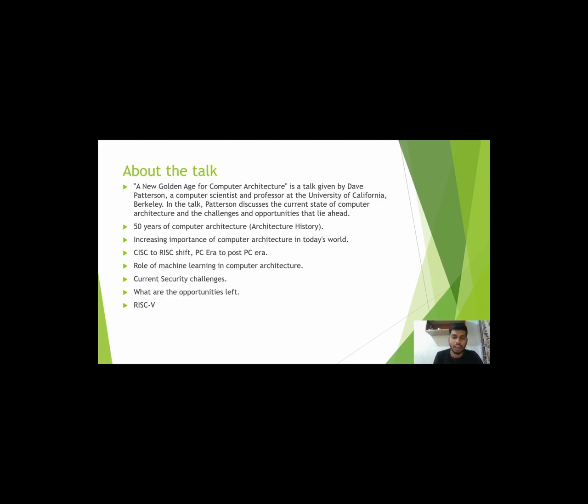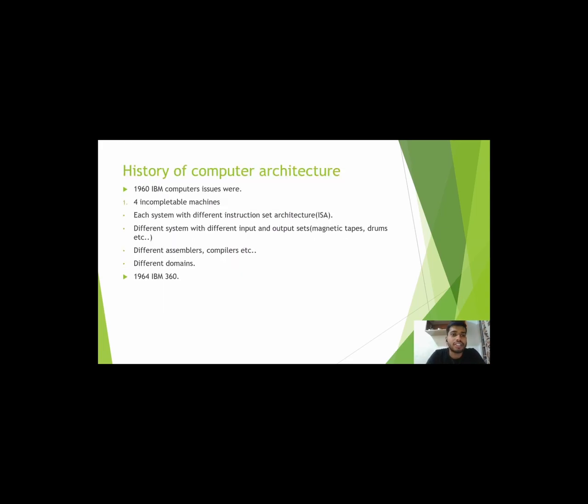Starting with our first point, the history of computer architecture, the 50-year-long history is covered in the video. In 1960, IBM had the issue that it had four different machines, all incompatible with each other: the 701, that was the 7094, the 650, that was the 7074, the 702, that was the 7080, and the 1401, that was the 7010 architecture.